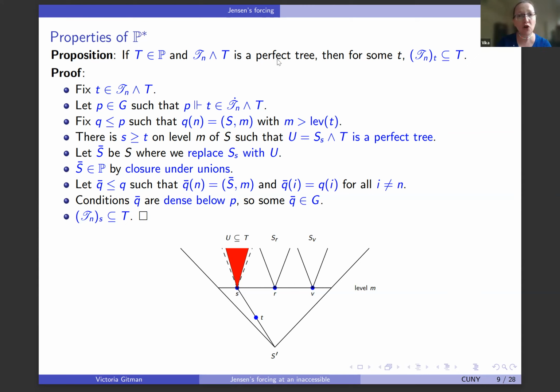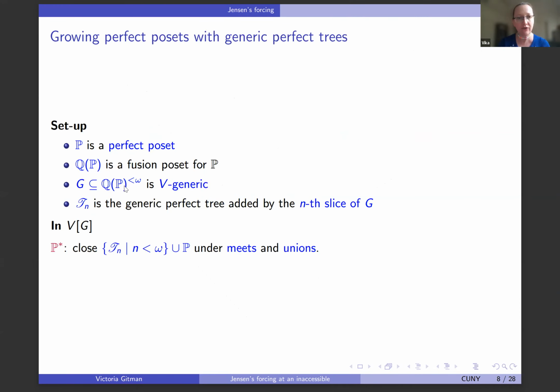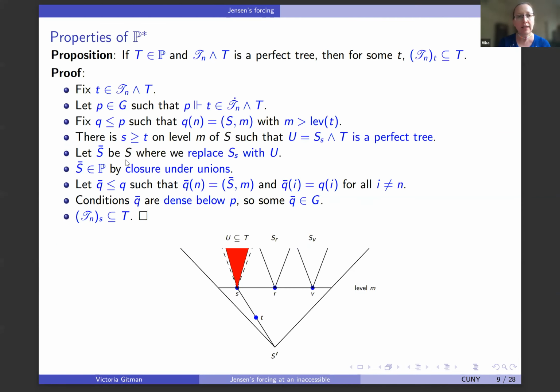All right, so we know that the meet is a perfect tree. So in particular, I can fix a node in this perfect tree. Let's call it T. There is some condition P in the generic, and remember, the generic is for this forcing, that forces that this node is in this meet with the generic tree on the nth coordinate.